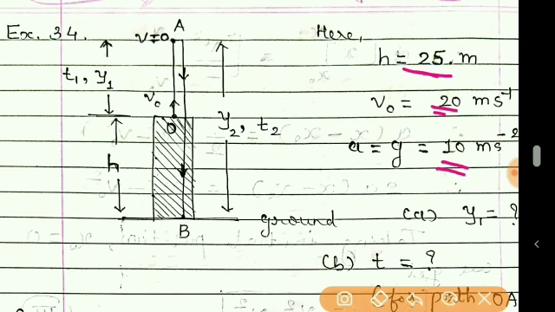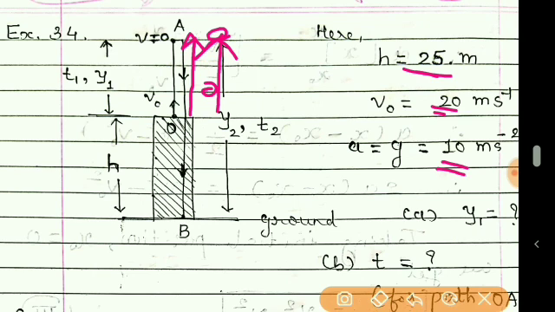It is because when the ball is thrown, the initial velocity was large, and as it moves up, its velocity goes on decreasing. So if we take the final velocity minus initial velocity, then it will become negative. Because velocity decreases, the final velocity minus initial velocity will be negative.